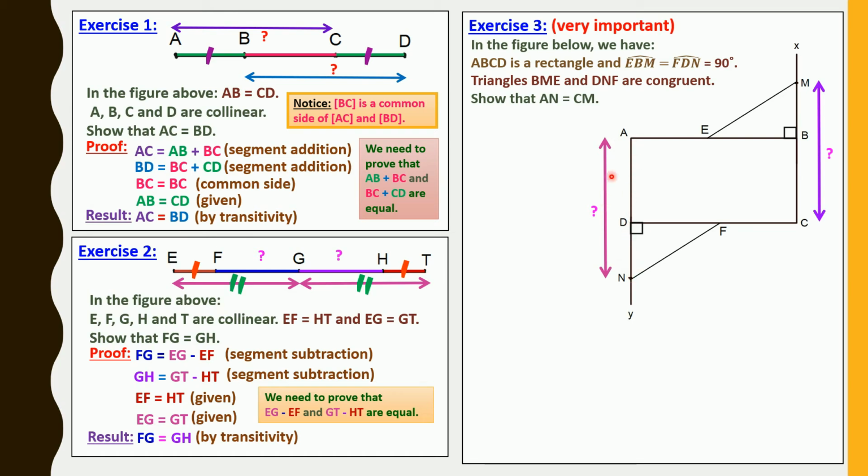To claim that AN is equal to AD plus DN, and to claim that segment CM is equal to segment CB plus BM? Yes, we can, because these two angles are right angles, and also this angle and this angle are right angles because they represent the angles of a rectangle which are equal to 90 degrees each.